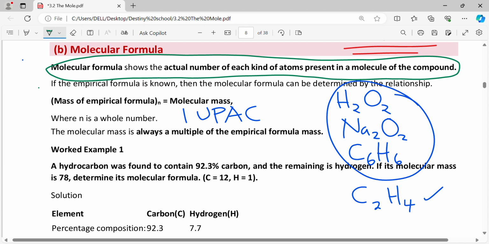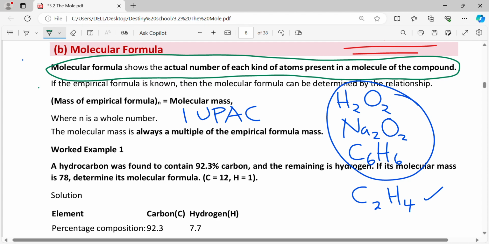In the exam you can be asked what a molecular formula is. I've circled it in green. Molecular formula shows the actual number of each kind of atoms present in a molecule of a compound.